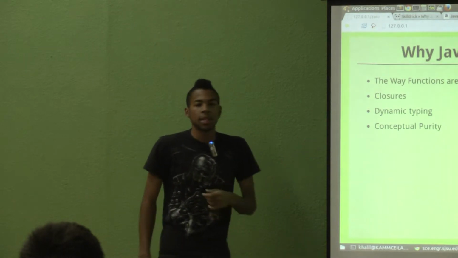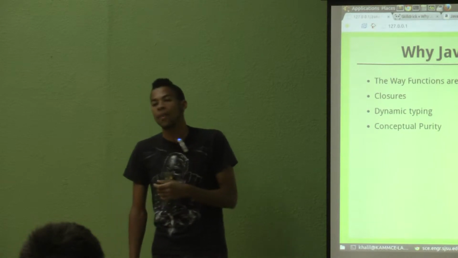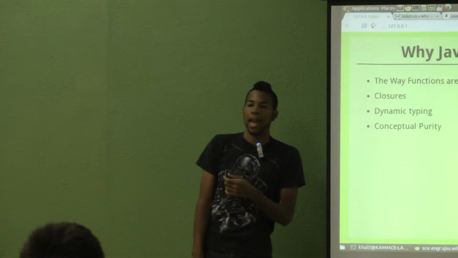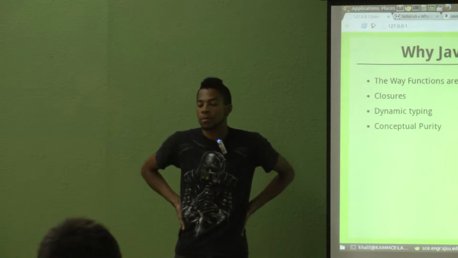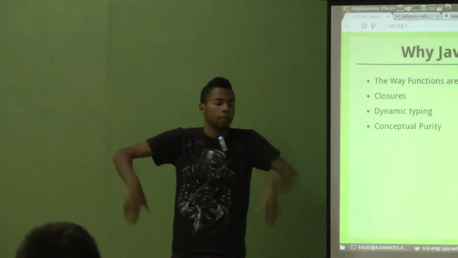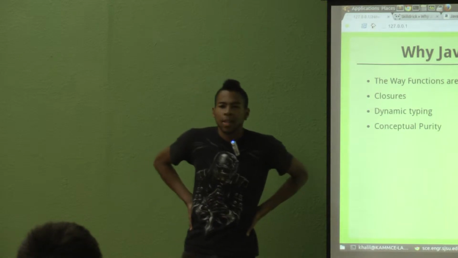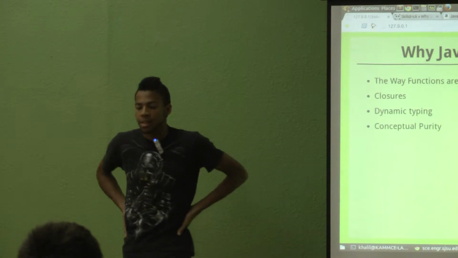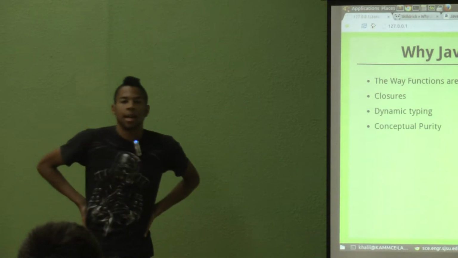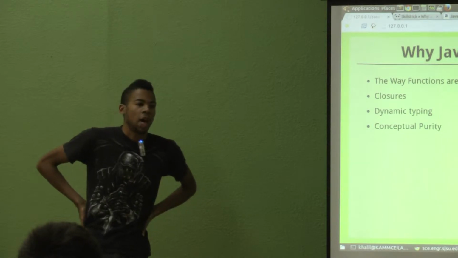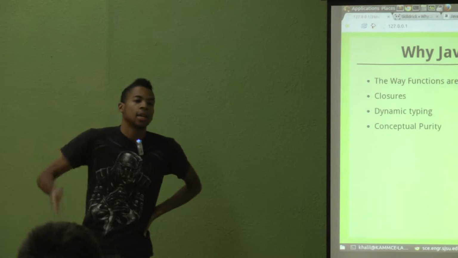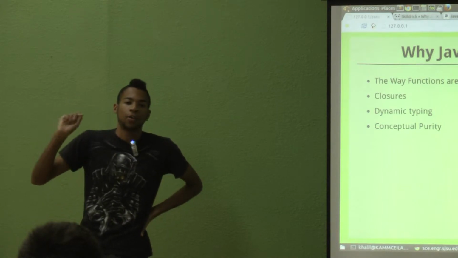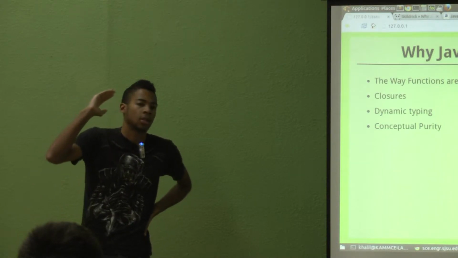Dynamic typing. Let's say I have a variable I've called A, and at one point I assigned the value hello to this variable, a string. Now, somewhere down the line, I decide to reassign it to 5. In C or Java, it would tell you that you gave it the wrong value, that you cannot assign the number value 5 to a variable that's a string.